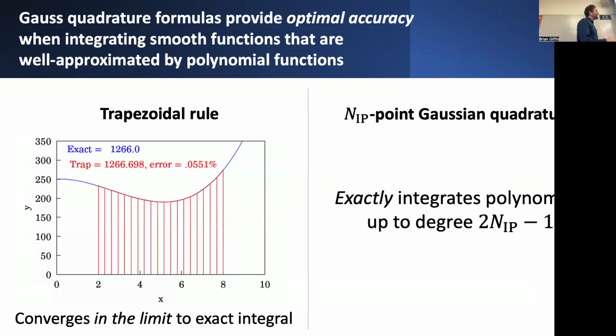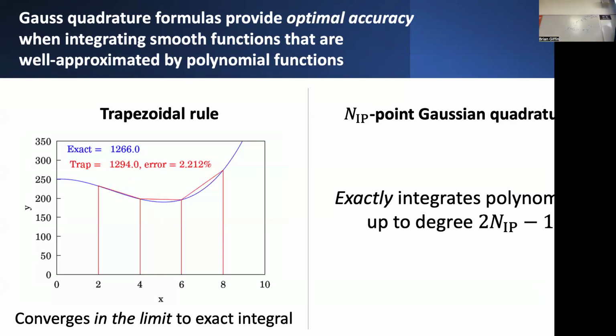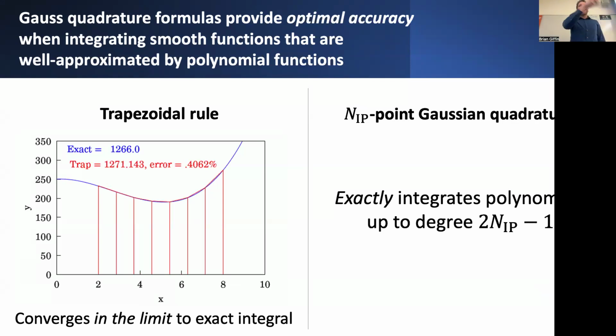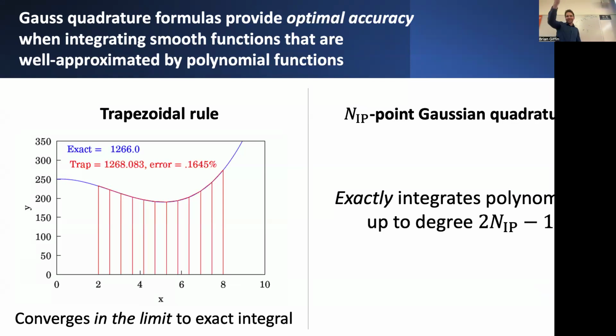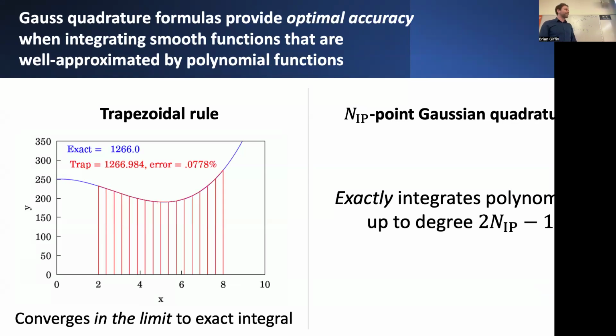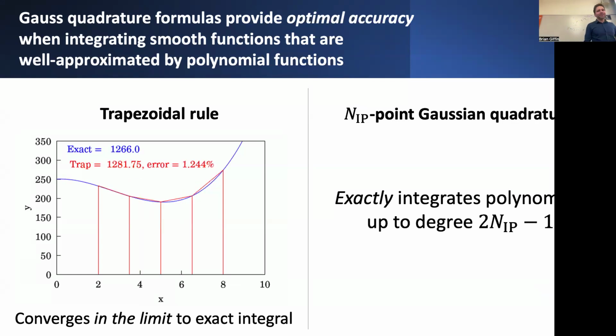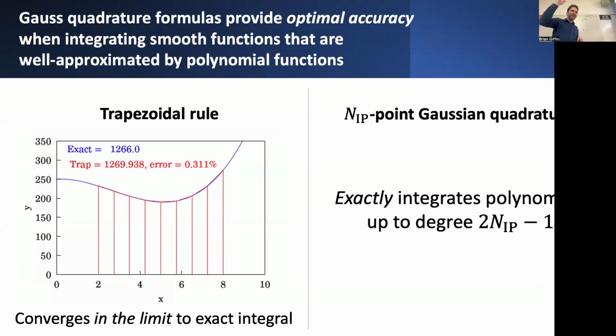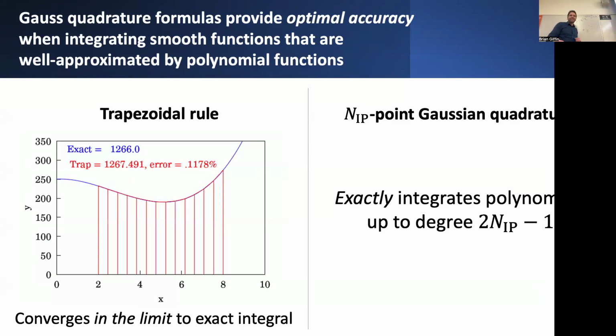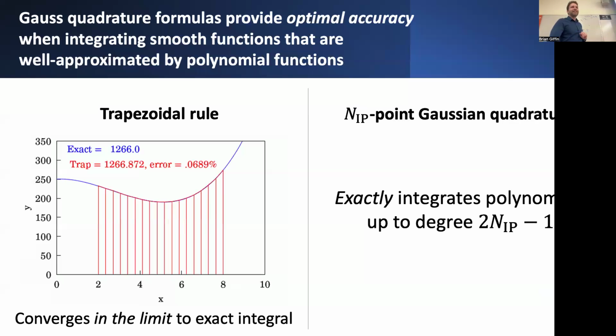By comparison, an n-point Gaussian quadrature formula gives you the exact result when integrating polynomials of degree 2n minus 1. So it's very useful if you know that you're integrating a polynomial of finite degree, and that really comes to bear in solving finite element problems.